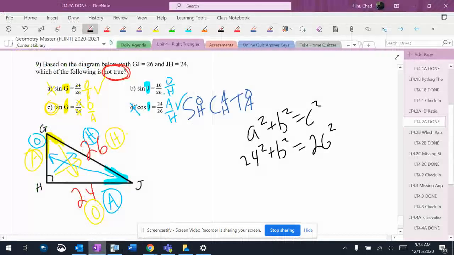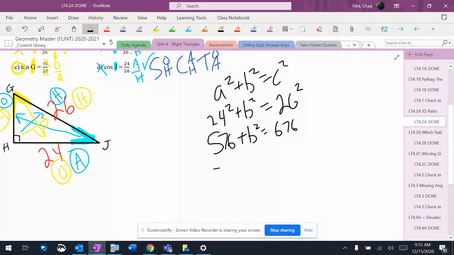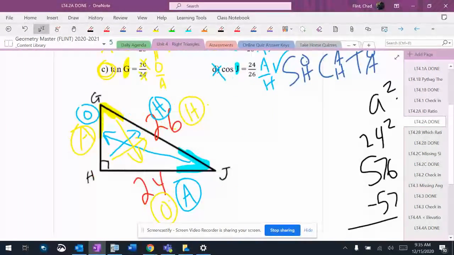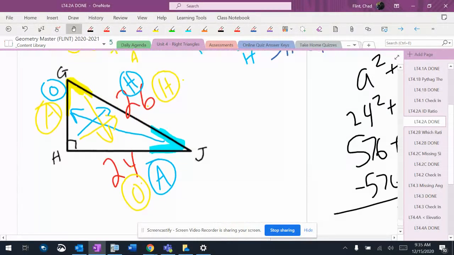Yes. So 576 plus B squared equals 676. I'm going to subtract 576, and I'm going to get B squared equals 100. Square root, and I get B equals 10.